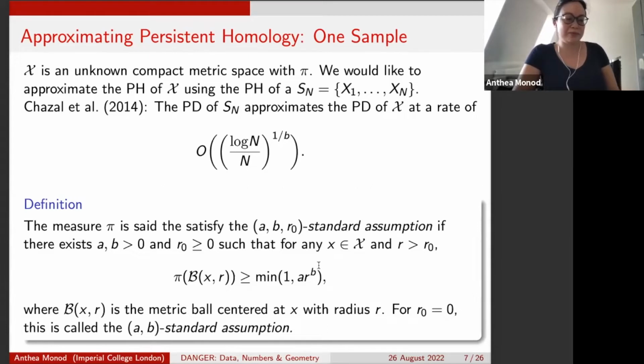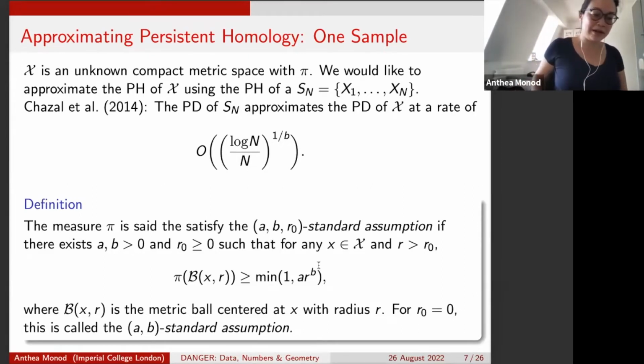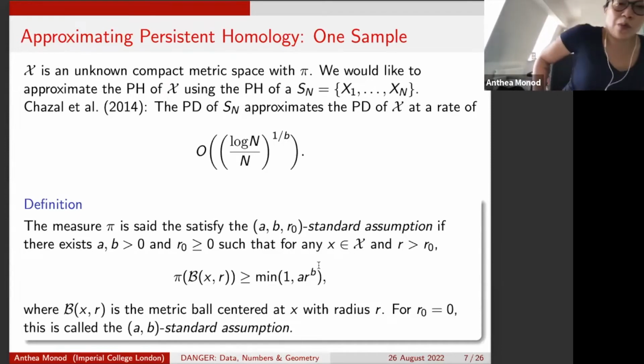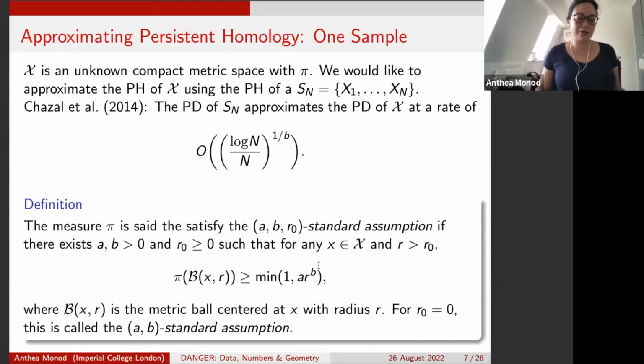This is used a lot in probability theory. Essentially it's a condition which makes sure that your probability measures are not too singular. Intuitively, the idea is that the volume or probability of some metric ball should grow something like a b-dimensional Euclidean ball.